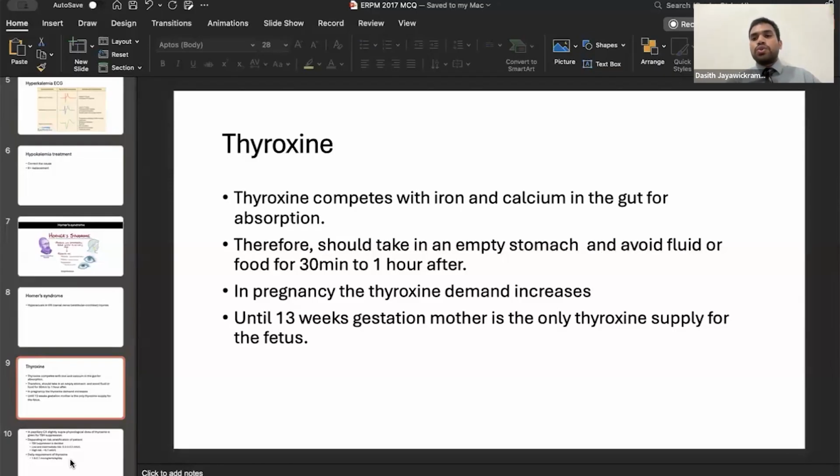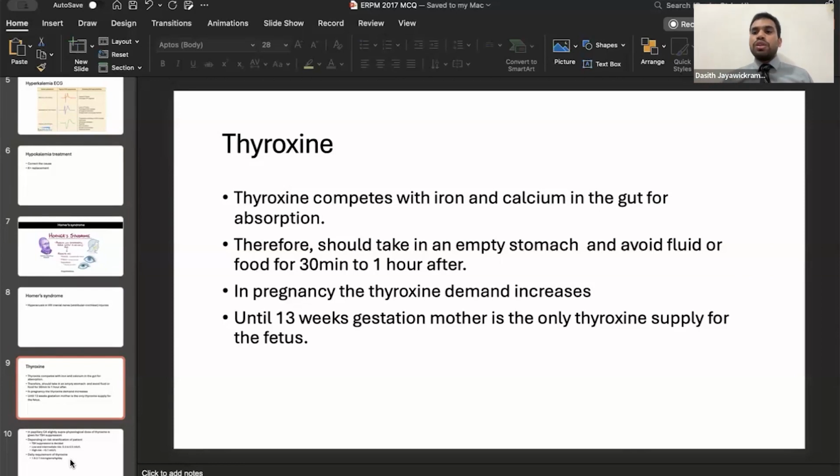Thyroxine should be taken on an empty stomach. Why is that? Why can't we take it after meals? Thyroxine competes with iron and calcium for absorption. Now imagine we have had a good meal, or drunk some milk.